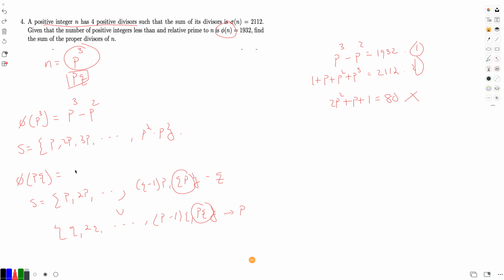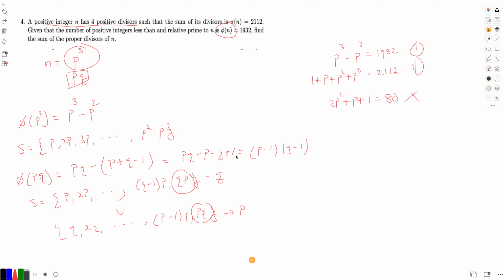So we know that there are in total pq minus, and let's do these formulas, p plus q minus 1 that we have to subtract. This is equal to pq minus p minus q plus 1, and you may recognize this as p minus 1 times q minus 1.